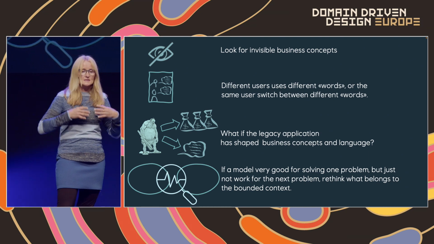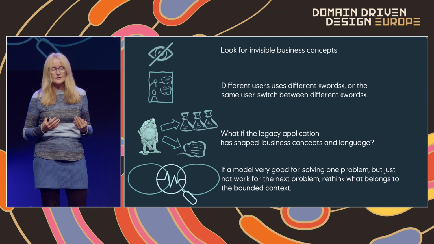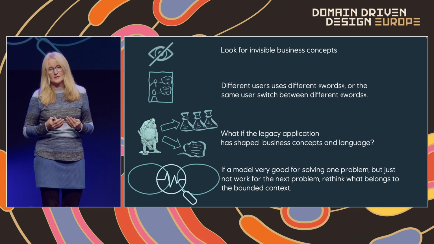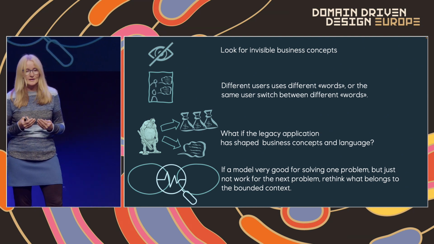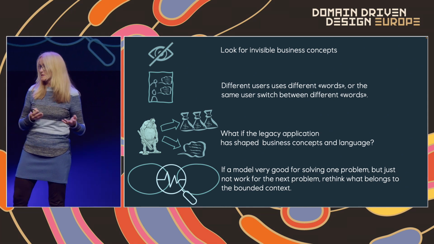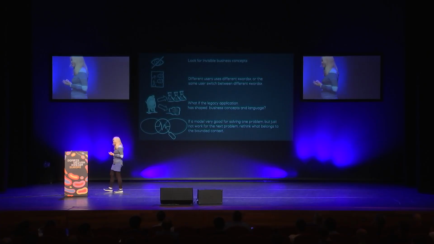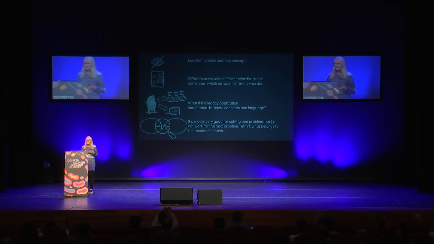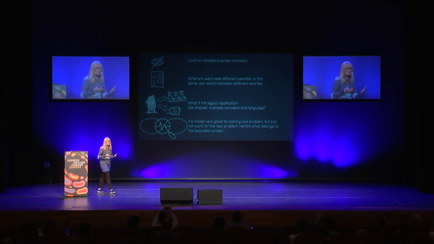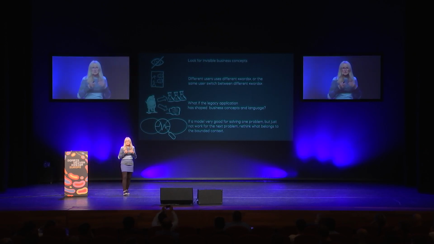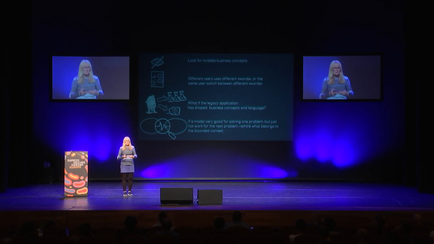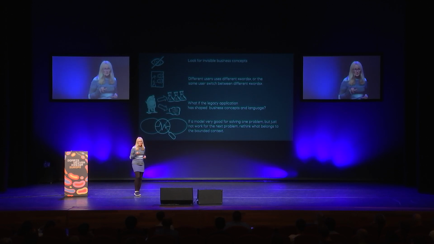So this is the kind of hard stuff that you will get on your way. But I think even solving those is much easier when you are working this way, doing BDD to take it a step forward and reshaping your domain model, because it's easier to spot where you went wrong.